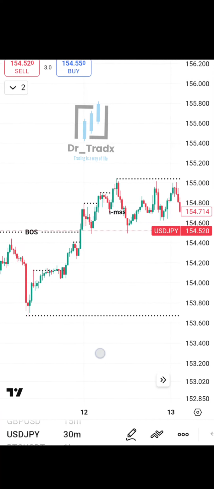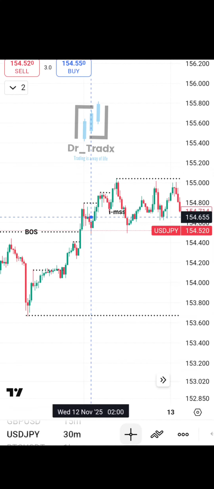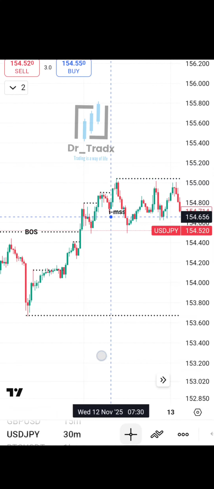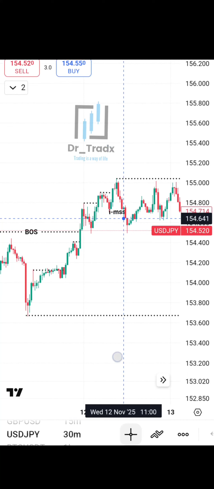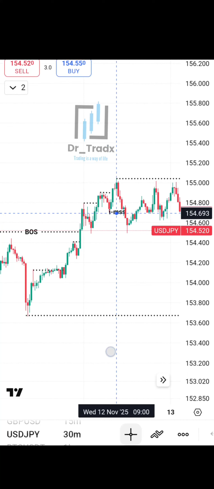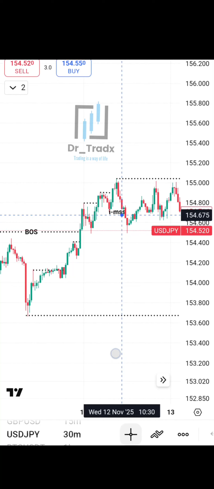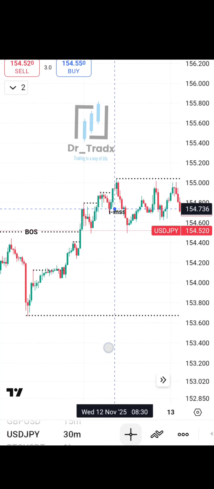All right, so that shows the rally to the upside is over. Anytime you see there is an internal market structure shift, or a CHoCH for those who call it that, you expect the market to start pulling back.